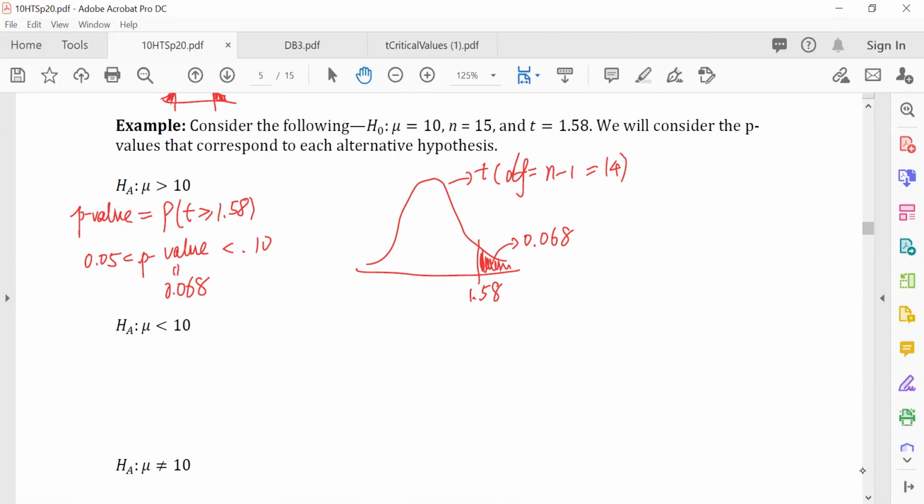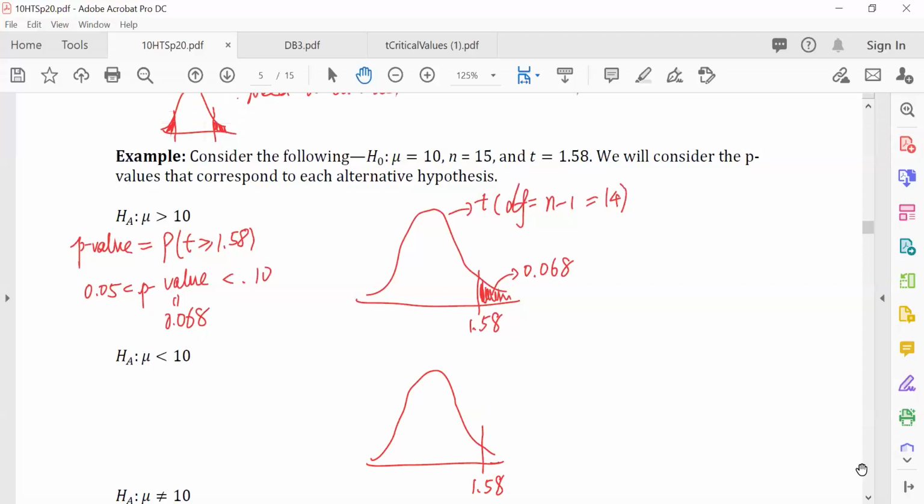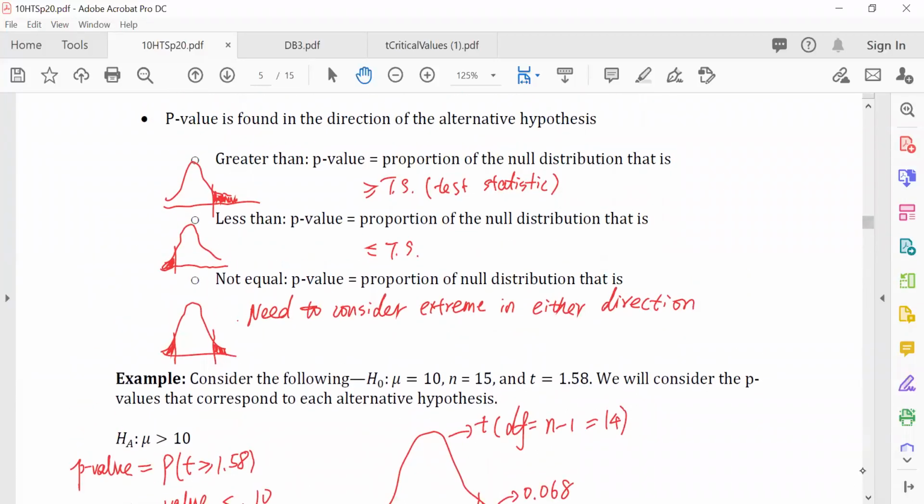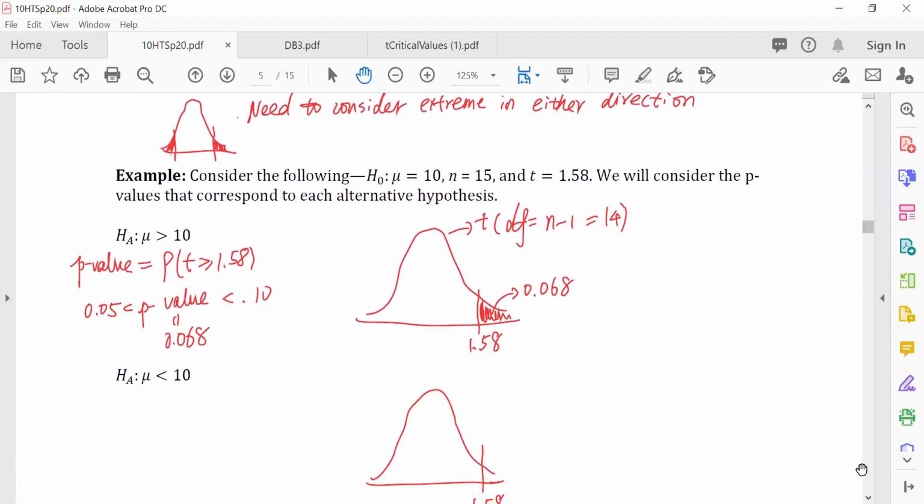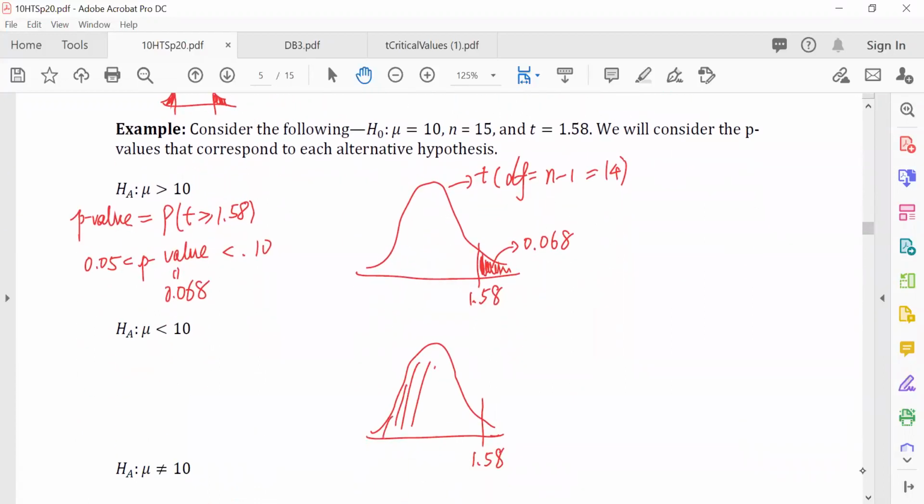If your alternative hypothesis is a less than sign, then you are going to have your null distribution like this. This is your test statistic, 1.58. Then the p-value is the proportion of the null distribution that is less or equal to the test statistic, which means it's going to be this area. So the p-value is the probability that t is less or equal to 1.58.